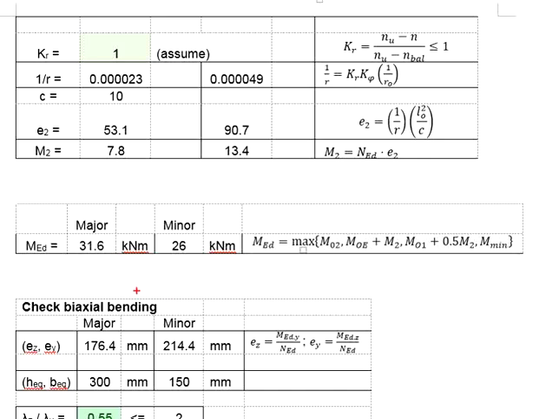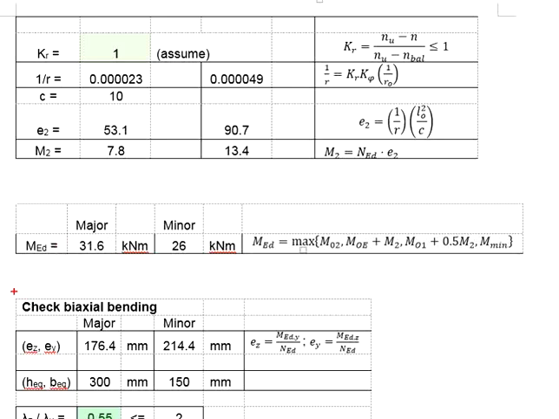Therefore, this number shall not be used directly. We will need to check if a biaxial bending check is required. If it is not required, then you may use these two values for the design. Work out the As for the major and work out the As for the minor, and then come up with a same common layout of reinforcement.